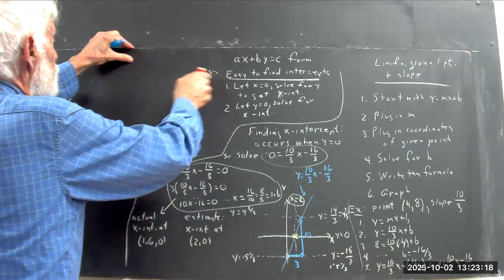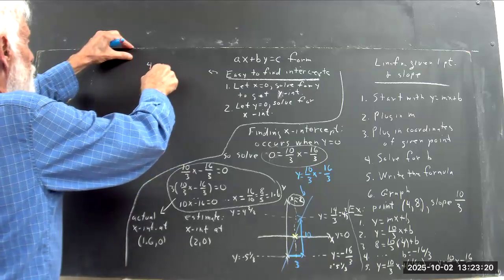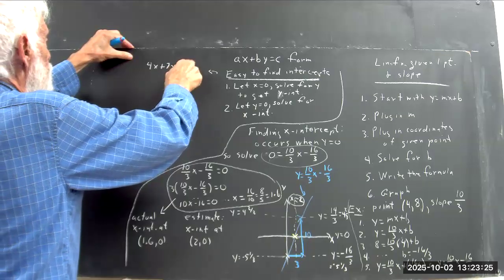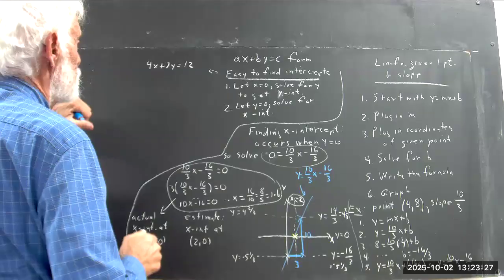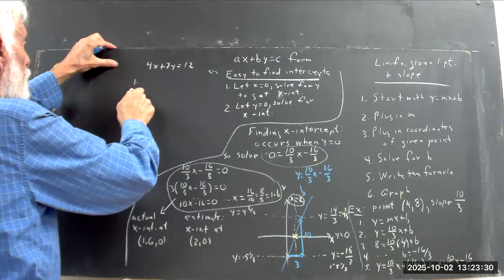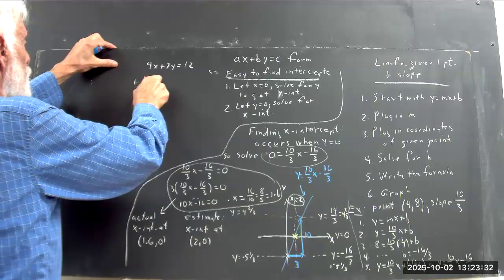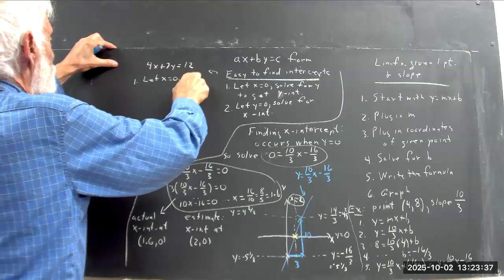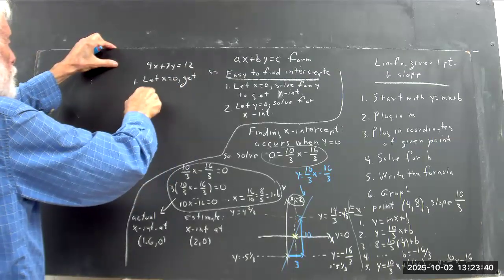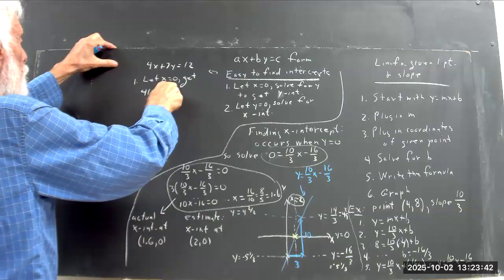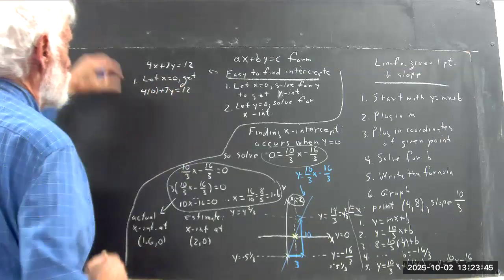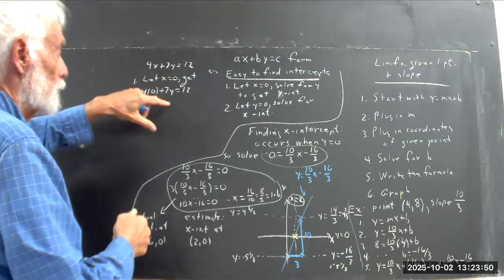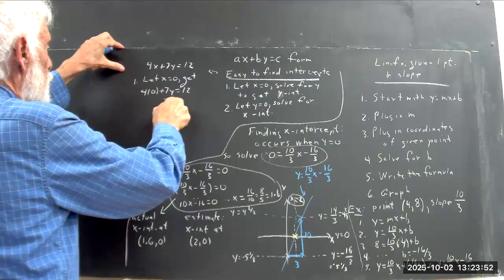Okay, an example of that is, let's say we've got 4x plus 7y equals 12. Let x equals 0, you plug in 0 for x, you get 4 times 0 plus 7y equals 12, which is just 7y equals 12.